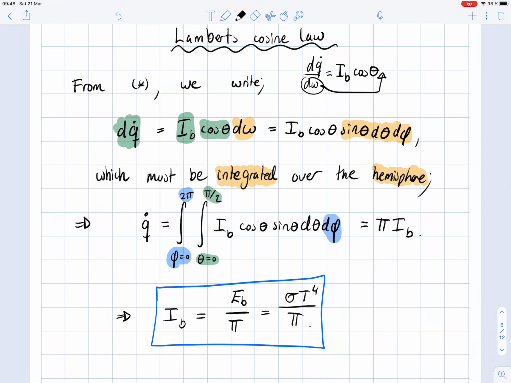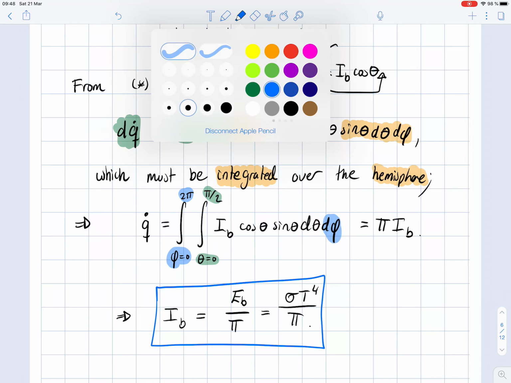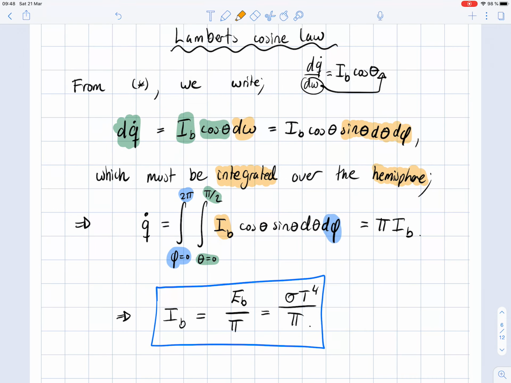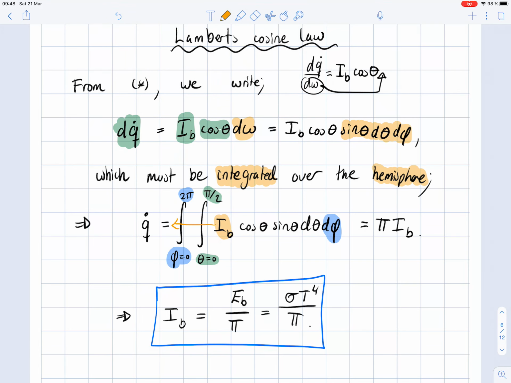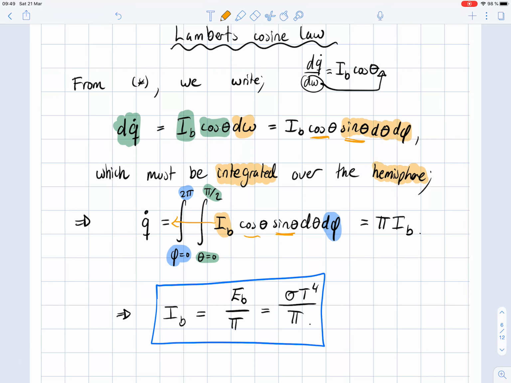I_B is constant in this integral, so we can move it outside the integral. We are then left with an integral of cosine theta, which comes from the Lambert cosine law, and sine theta, which comes from the definition of the solid angle, integrated over d theta and d phi.